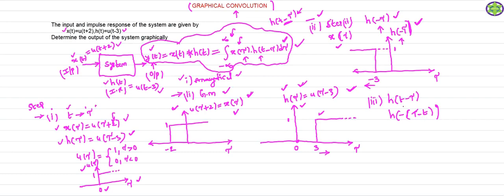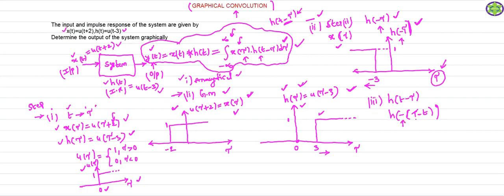Why? Because we are performing the shifting operation with respect to the tau only, not with respect to minus tau. Always, whatever the operation we perform, whether time scaling or time reversal, you just perform it with respect to the tau axis only, not with respect to minus tau. Therefore I take this minus as the common here.